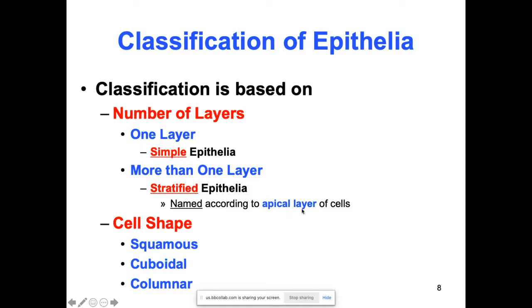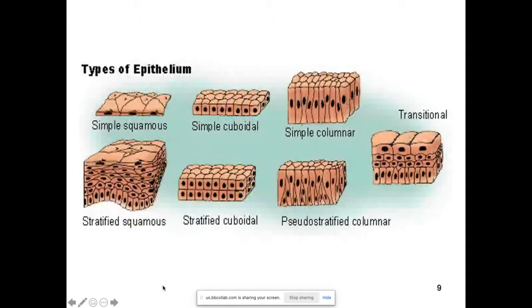The apical layer at the top, or the layer that's closest to the lumen, which is the hole or the tube in which certain elements are flowing through, like blood, right? Blood can flow through the lumen of a blood vessel. So the cell shape can be squamous if it's flat and irregular, cuboid if it's square, or columnar.